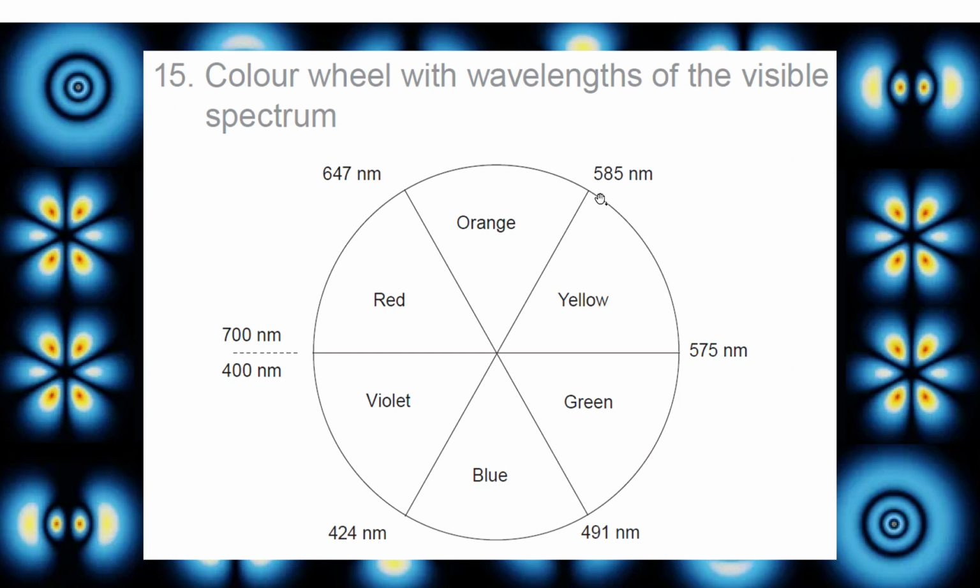From 585 to 647, it is an orange flame. This is about the emission spectrum. Later on we'll use this color wheel to talk about the absorption spectrum, the opposite color. But now it's simply which range, then which color of the flame.